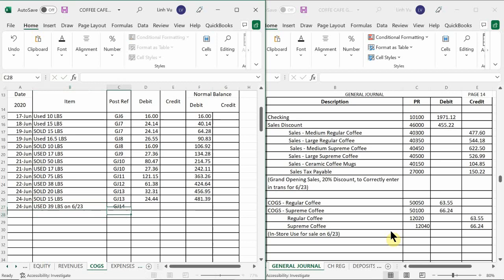Okay. For 63.55. So what is my total cost of goods sold here? $544.94. Good.